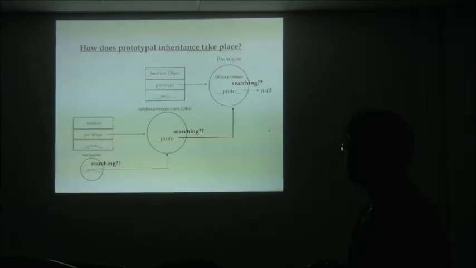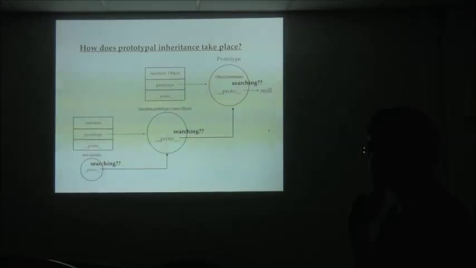So how does prototypal inheritance take place here? Now I told you that these objects are connected through properties and through links. But how does an instance actually search and find properties, right? In classical-based programming, most of these properties are inherited downwards.